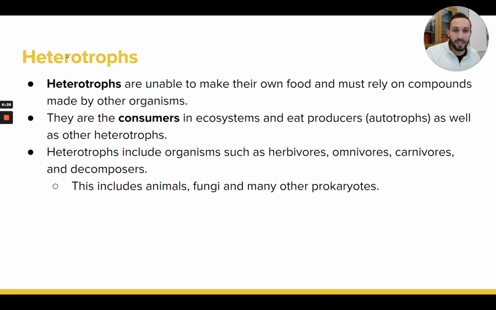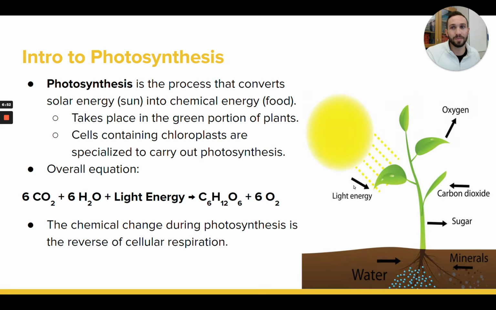That includes herbivores, omnivores, carnivores, and decomposers, things that eat plants or other animals, or both, or dead things. Anything that's eating other living organisms, or organisms that were once alive, is a heterotroph. And again, that includes a lot of eukaryotic organisms and many types of prokaryotic organisms.